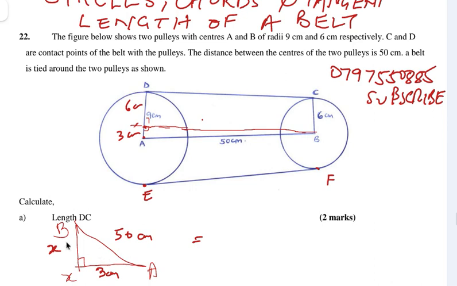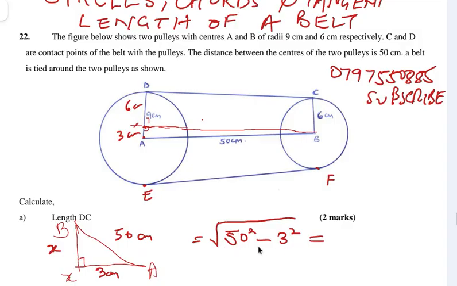So this is a Pythagoras theorem situation, and if you want to find out x, you'll use c squared, which is 50 squared, minus b squared, which is 3 squared, and the answer that you'll get afterwards, after subtracting, you'll square root it.